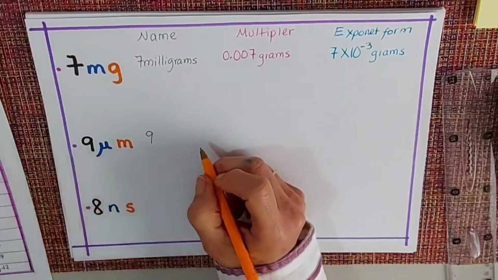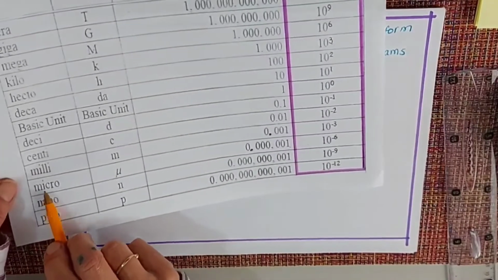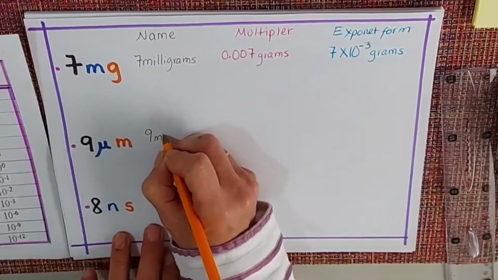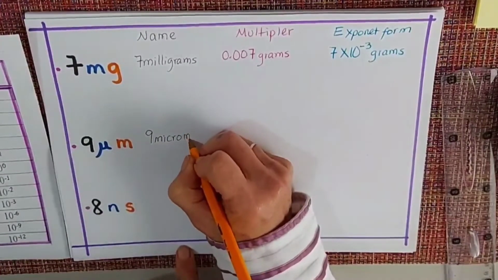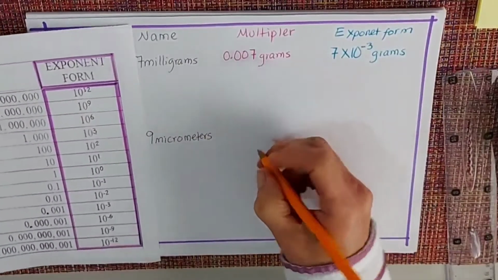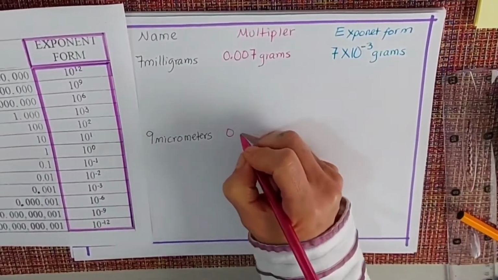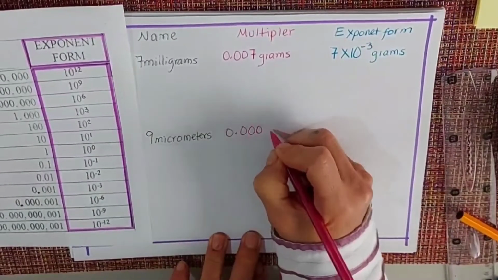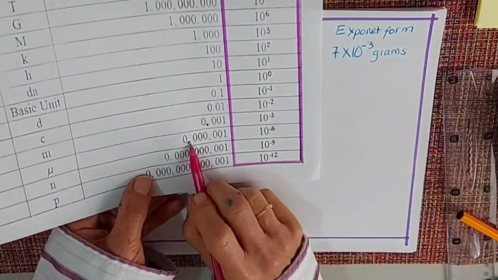Now, the name is 9 micro, and this M is for the unit. 9 micrometers, M is the symbol of meters. And now the multiple is 0 point, 1, 2, 3, 4, 5, and 6 places after the decimal point.